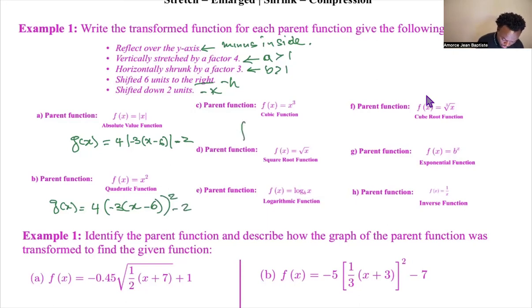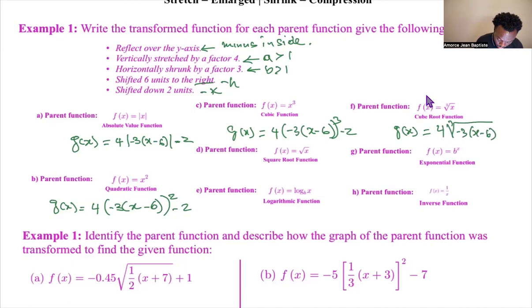For the cube, g of x equals 4 negative 3 x minus 6 cubed minus 2. G of x here is the cube root, 4 times the cube root of negative 3 x minus 6 minus 2.